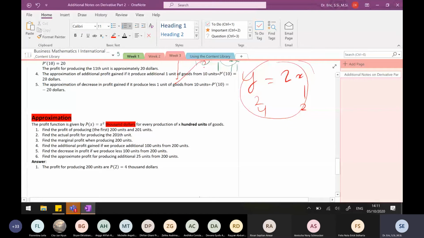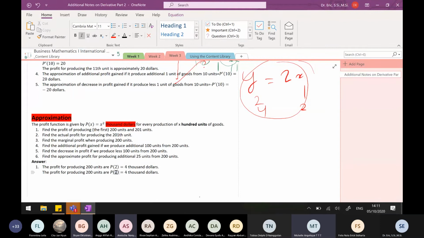So what do you mean by profit for producing the 201 units, the first 201 units? What is this, ladies and gentlemen? This is P of 2.01.